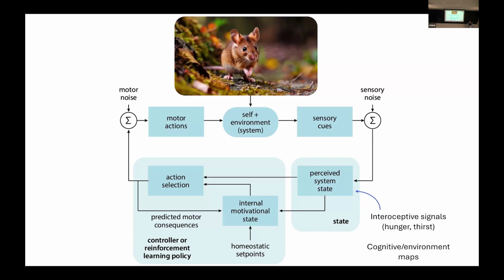Quick question. Maybe it doesn't make a difference, but where we've drawn it, the internal motivation state, in some sense, sends some vector to the action selection, but in principle, it could also influence the perceived system state. Yeah, you could have a predictive model of... No, I also meant the perceived. Anyway, maybe it doesn't matter in the final analysis, but the top arrow could also be influenced by your internal motivational state. The perceived system too, yeah.